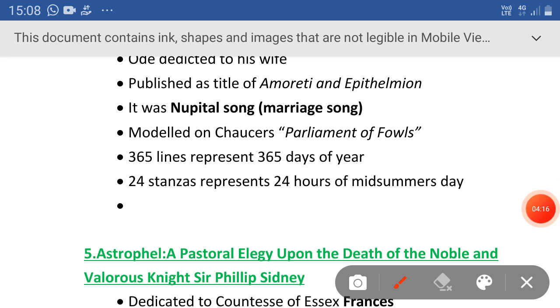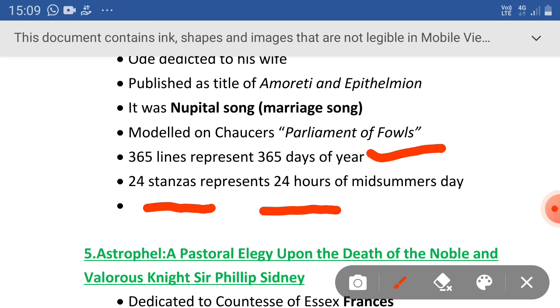Another important point is that this was written with 365 lines, and these 365 lines represent the 365 days of the year, and 24 stanzas are there in this work, and these 24 stanzas represent the 24 hours of Midsummer's Day. These are very important points from this work.